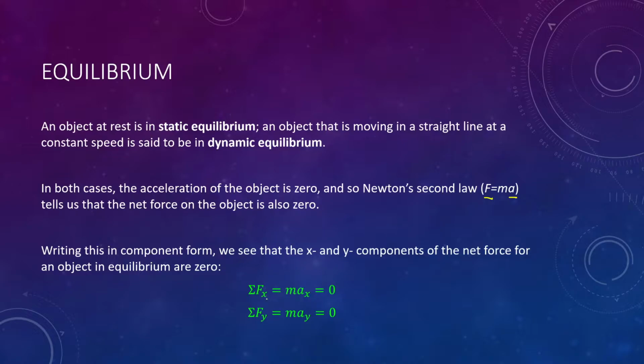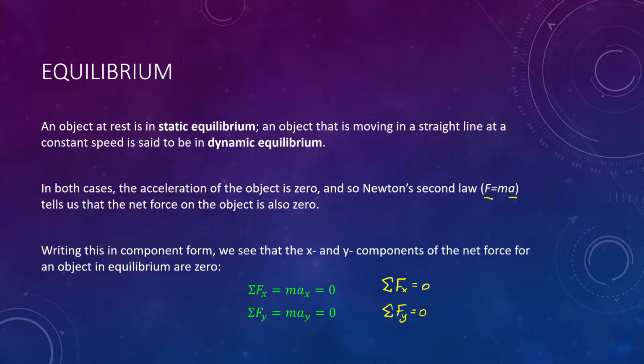Okay, so sigma Fx is the sum of forces in the x direction. Now, by Newton's second law, it should equal ma. But since acceleration is zero, we can just set it directly equal to zero without having to worry about ma. So overall, these equations really are just the sum of forces in the x direction equals zero, and in the y direction, the sum of forces, Fy, equal zero. So we're looking at the simplest possible case where there's no acceleration involved regarding our objects. So this is equilibrium.